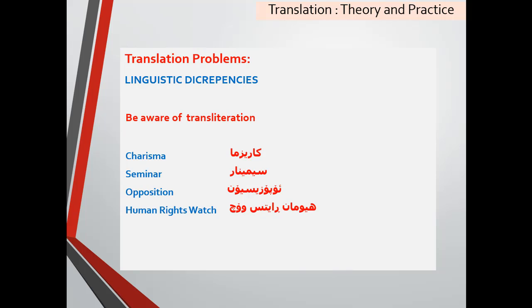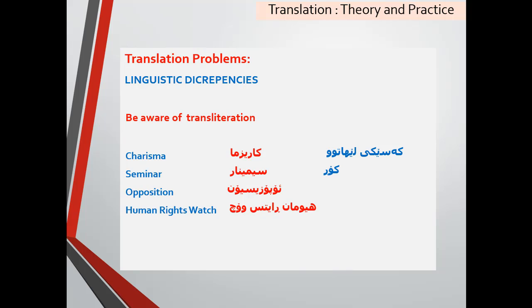This sometimes creates problems not only for the translator himself, but sometimes for the reader. For example, an ordinary reader will not understand what is Human Rights Watch. If you have something in your own language or in the target language, why don't you use it instead of that transliterated word? For a word like charisma, even though people will understand, but we have کەسێکی لێهاتوو, کەسێکی سەرنجڕاکێش.